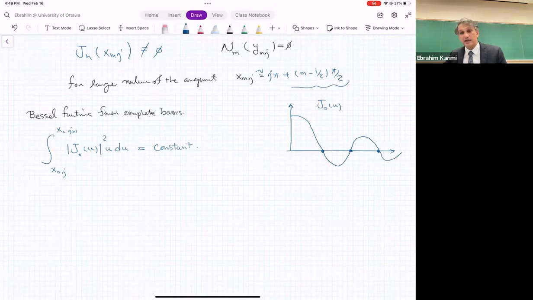So what does it mean if I look at the Bessel function in the radial coordinate?